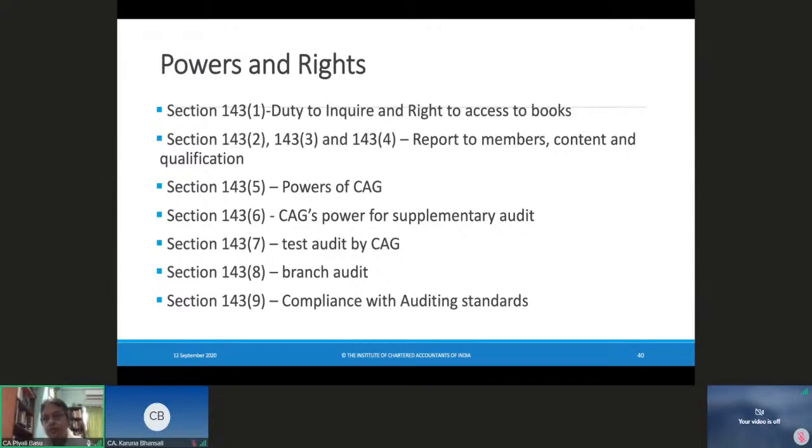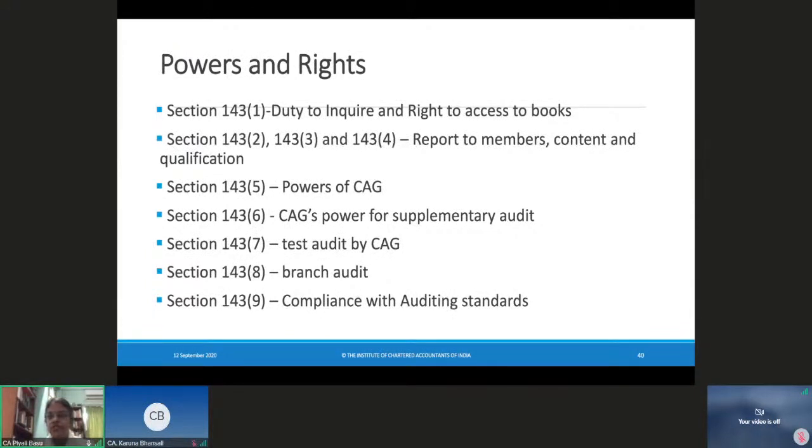Today we'll discuss a little more about fraud reporting. 143.1 talks about the rights and powers of the auditors to access the books of accounts at all times at any place, including the branch offices, associates and subsidiaries, based on the requirement.